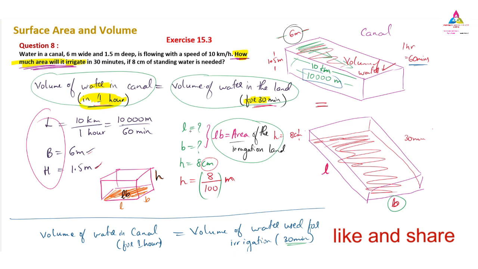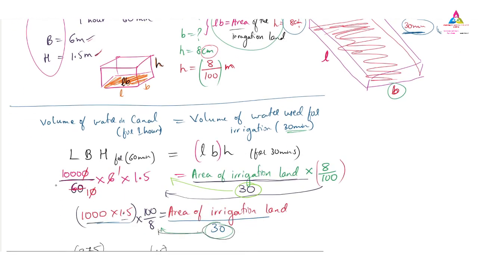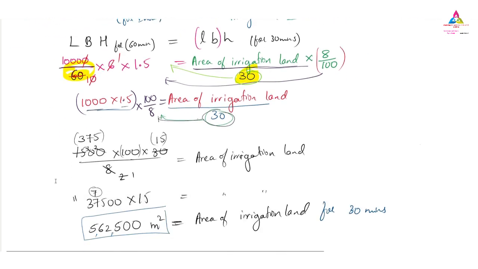And we have one more thing, that is the irrigation land, for which we have to find how much water is stored over there for 8 centimeter height for 30 minutes. So we have to make 30 minutes and 60 minutes equal. For that purpose I have divided by 60 here and divided by 30 over here because we want to convert. So this is our answer.